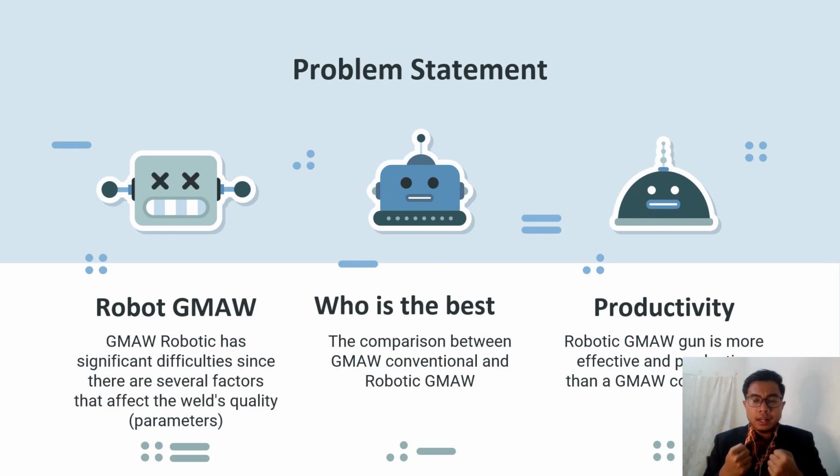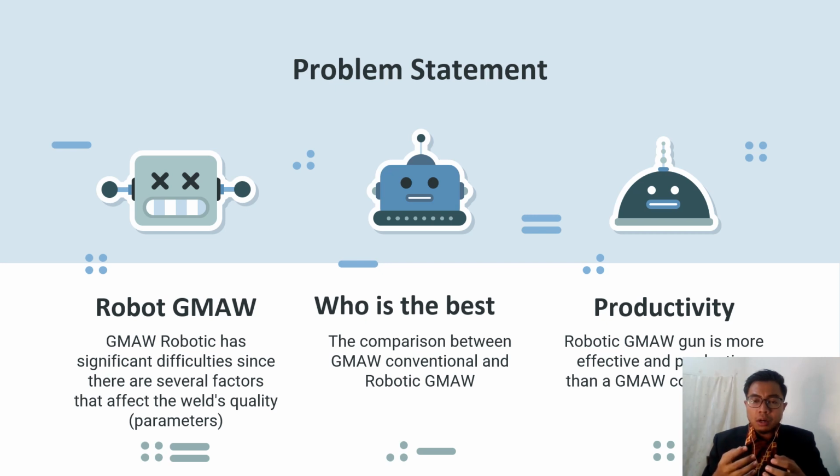How can we get the best parameter if we are using robotic GMAW? Next problem statement is the comparison between conventional GMAW and robotic GMAW. Which is the best during production?